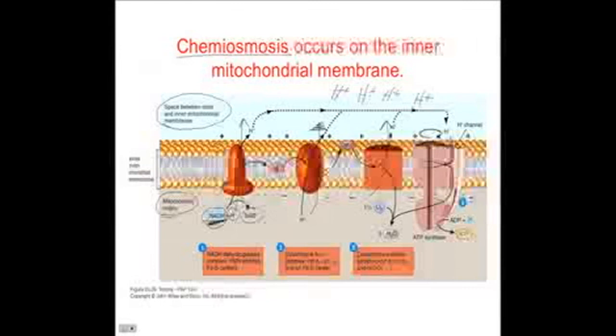And hydrogen ions cannot get through the cell membrane or through the mitochondrial membrane because they're ions. So they build up on this one side. This is part of chemiosmosis.